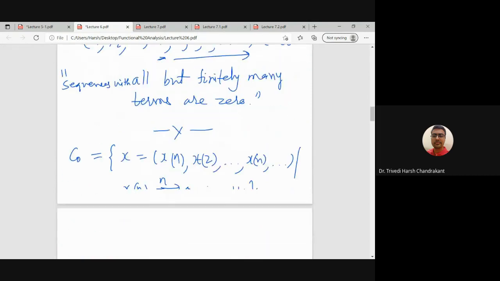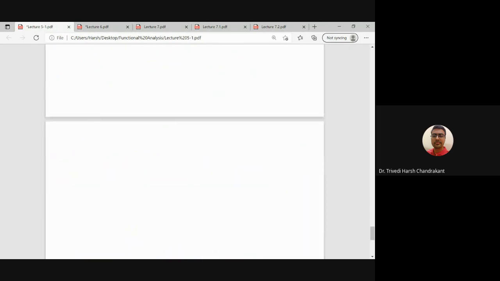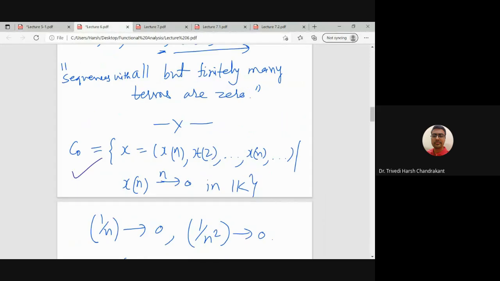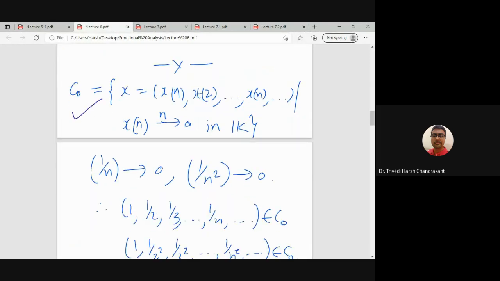C00 is a subspace of C0, and C0 is a subspace of all sequences. C0 means all convergent sequences which converge to 0.